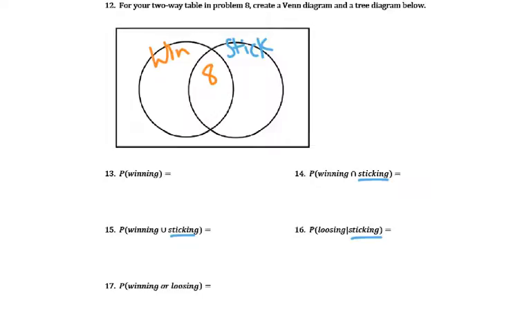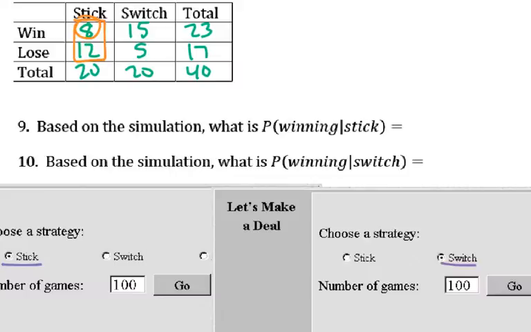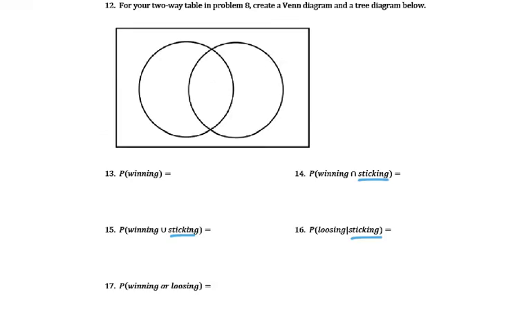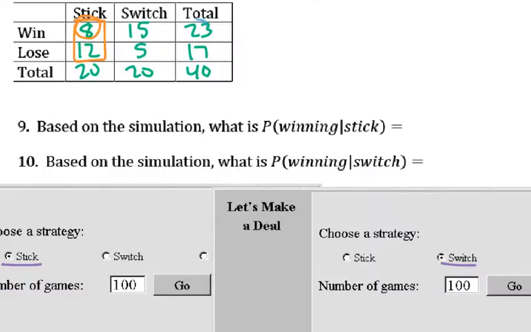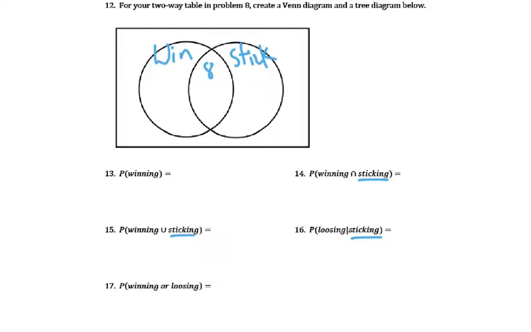Okay. So actually, I think we need to think about this a little differently. We're talking about stick, so yes, one of these would be stick, and that would be 8 times. Winning, however, total, we won 23 times, right? So this would be 15, right?